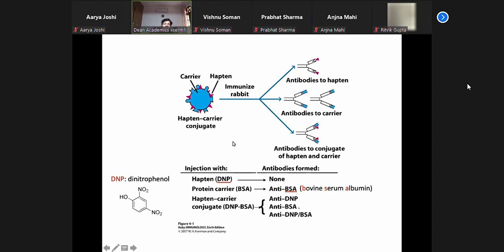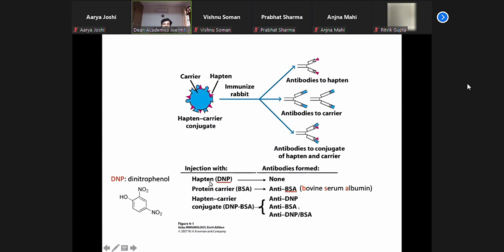Using this approach, the fine specificity of antibody was determined. What they used was basically this dye or small molecule that we call dinitrophenol, with nitro groups and a benzene ring.